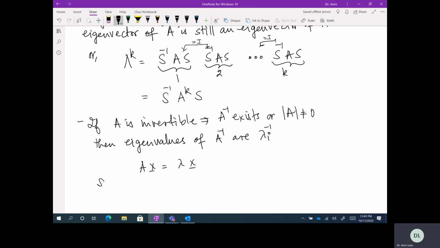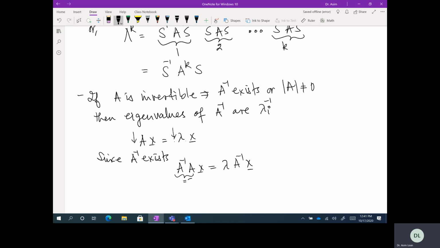Since A inverse exists, multiply A inverse here and A inverse here. So we have A inverse A into X equals lambda into A inverse X. It doesn't make a difference where I put A inverse because lambda is a scalar. So this is I. So this implies X equals lambda A inverse X.